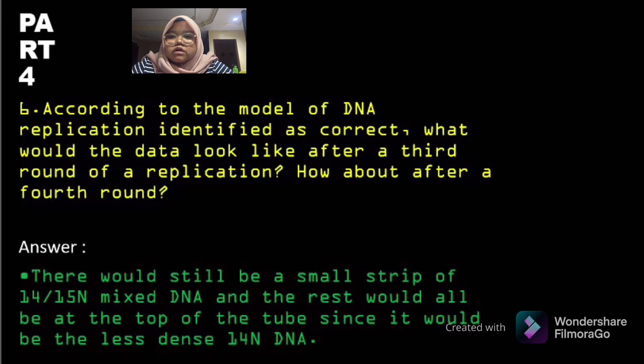According to the model of DNA replication identified as correct, what would the data look like after a third round of replication, and how about after the fourth round? So the answer is there would still be a small strip of 14N or 15N mixed DNA, and the rest would all be at the top of the tube, since it would be the less dense 14N DNA.